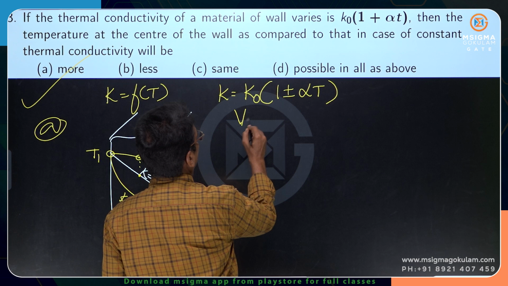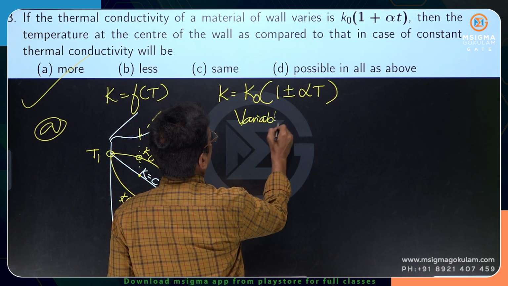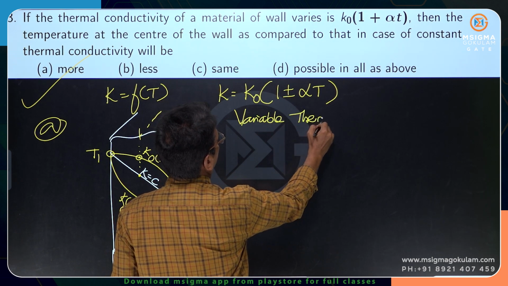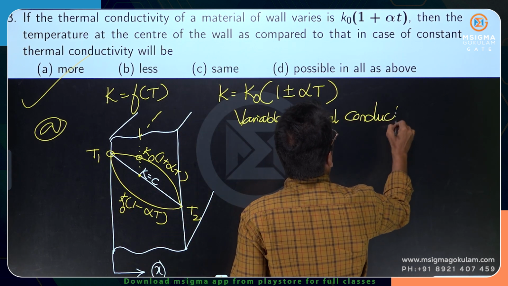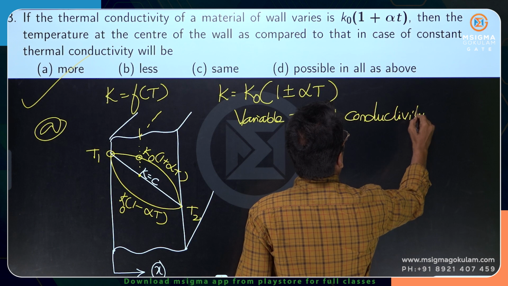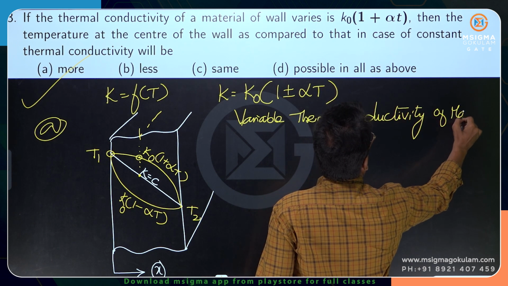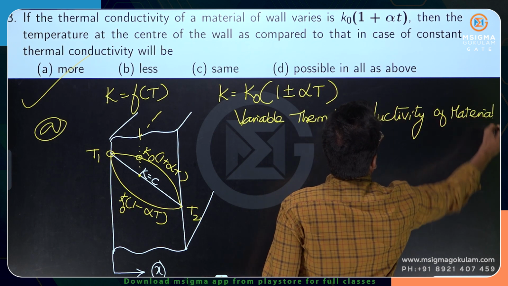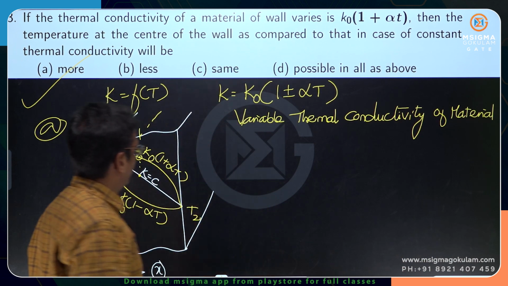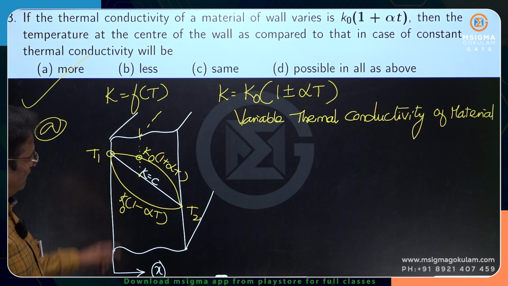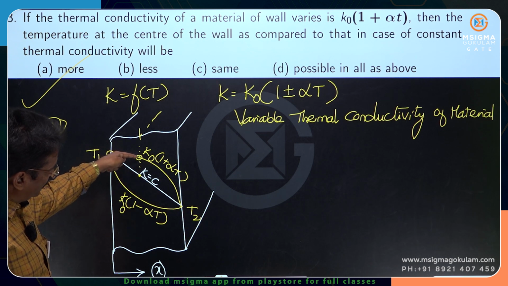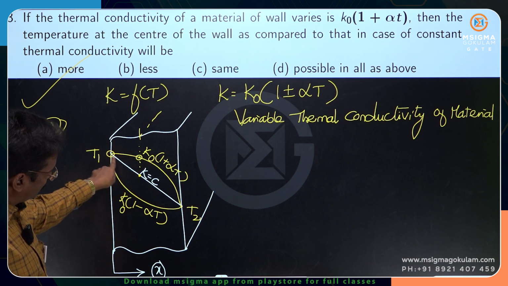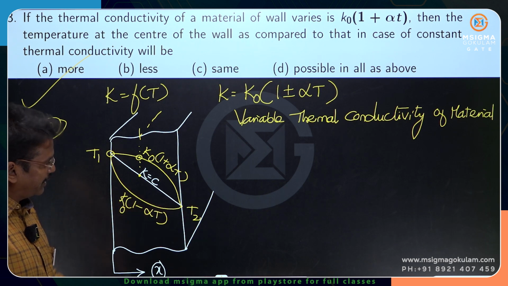It is called variable thermal conductivity. When K is equal to K0 into (1 plus alpha T), you will see more temperature compared to the case of constant thermal conductivity.